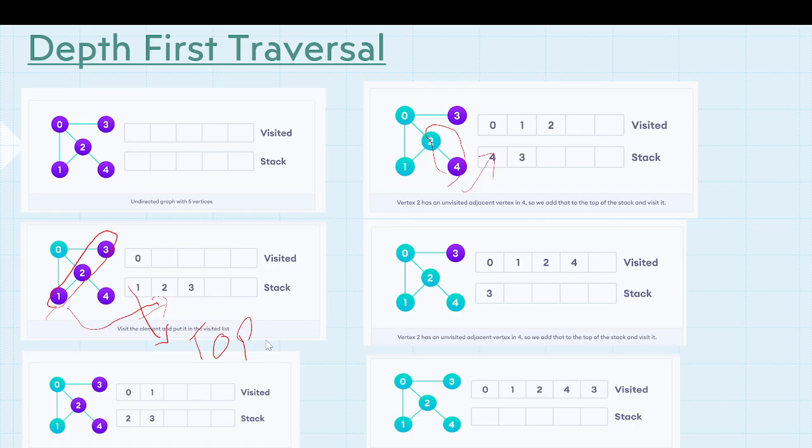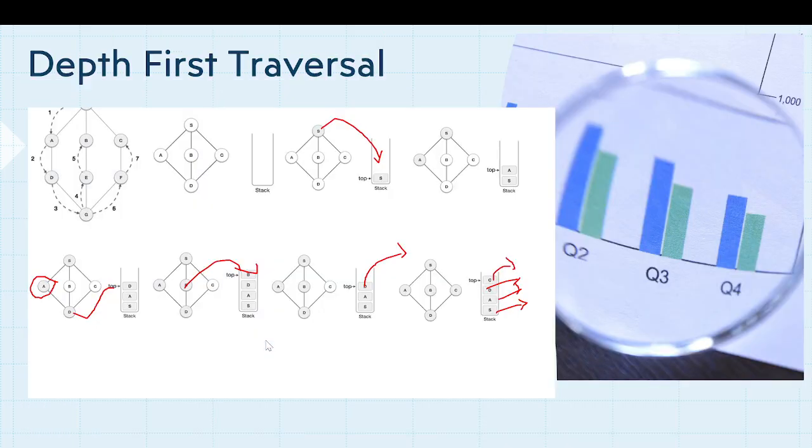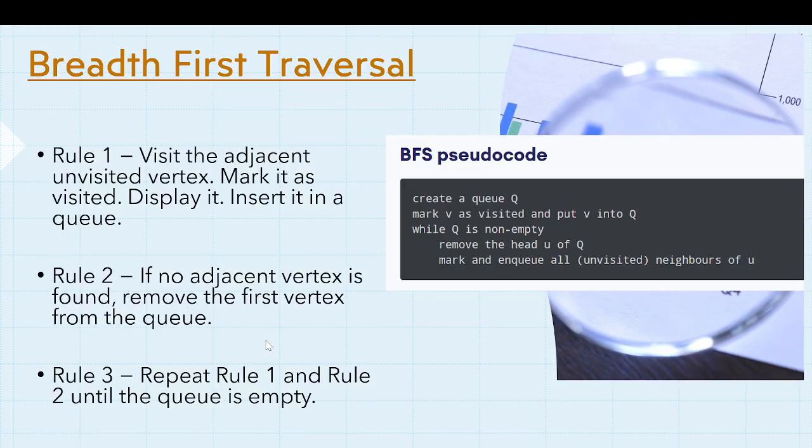Next, let's move on to the breadth first search algorithm. This algorithm utilizes a queue instead of a stack. We start by putting one of the graph's vertices on the back of the queue.